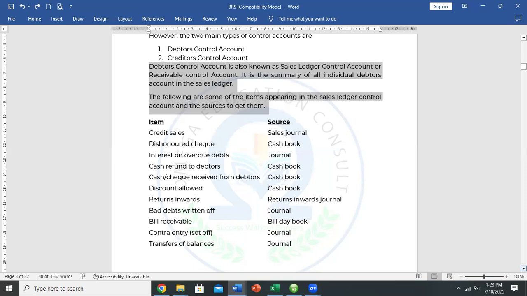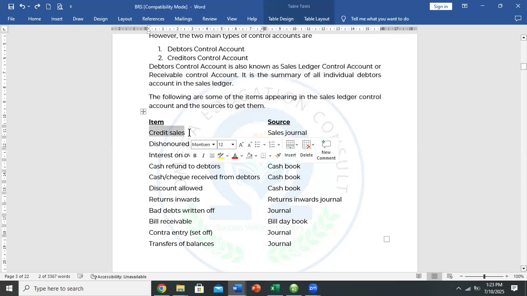So at this point, I think I'll be asking my professors about some of the meaning of the items. The first item is credit sales. I believe my professors know what credit sales are. These are sales to customers for which payment will be made later. So the customers don't pay now, they'll pay at a later date.